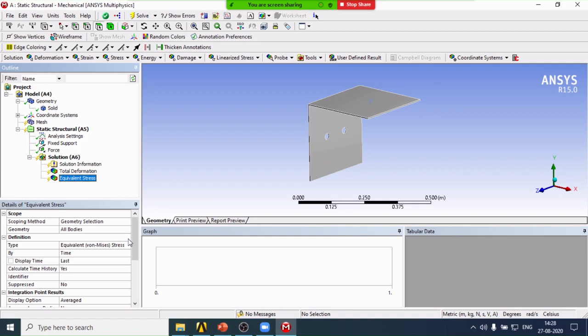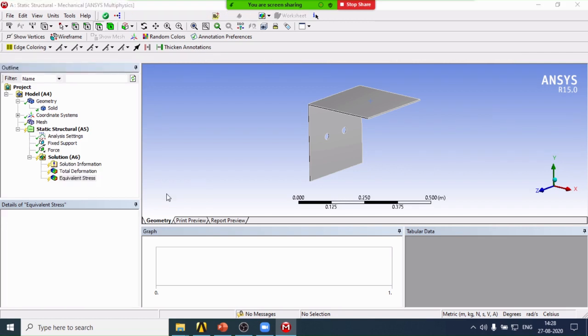So after solving this, you will get two values. One is deformation, another is a stress value. The stresses will obviously be maximum around the holes.